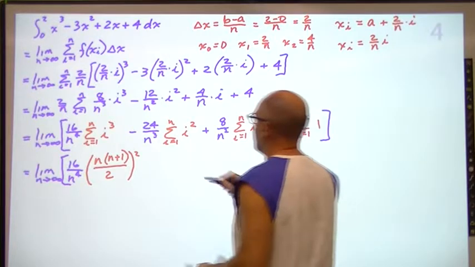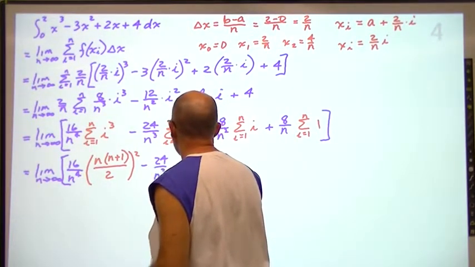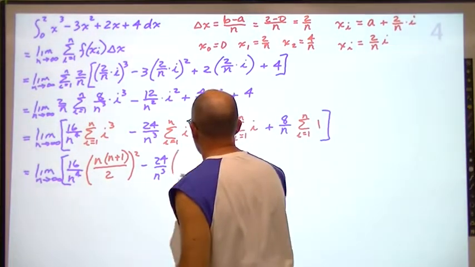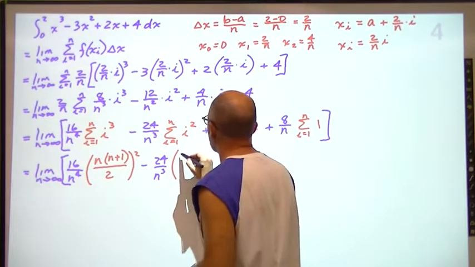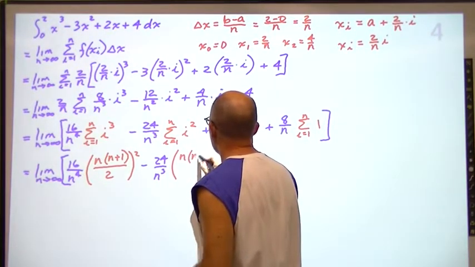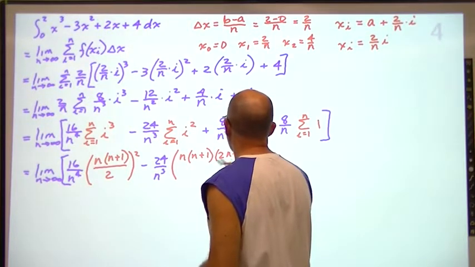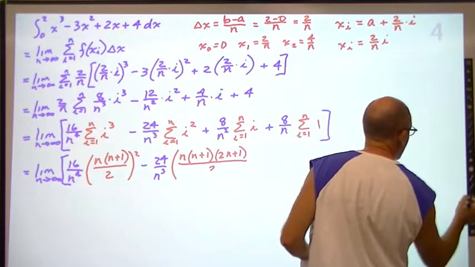Okay, so now we have minus 24 over n cubed times summation from i equals 1 to n of i squared, which is going to be n times n plus 1 times 2n plus 1, over 6.